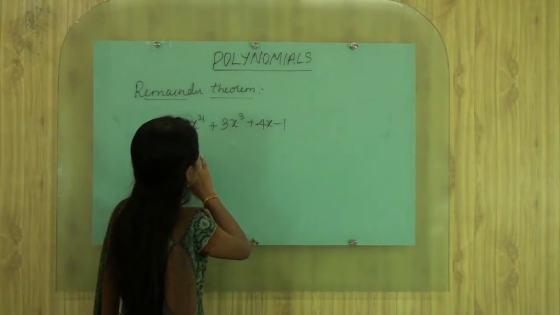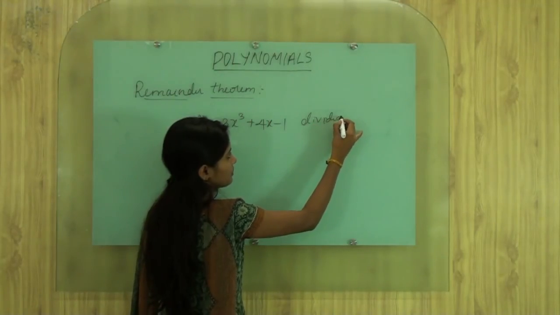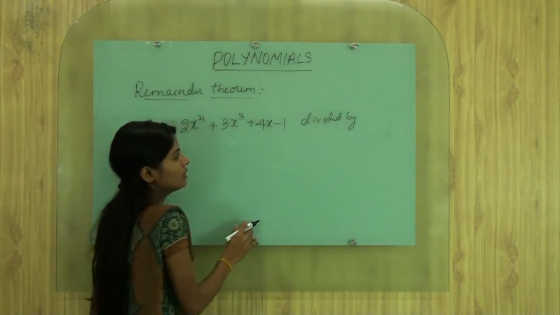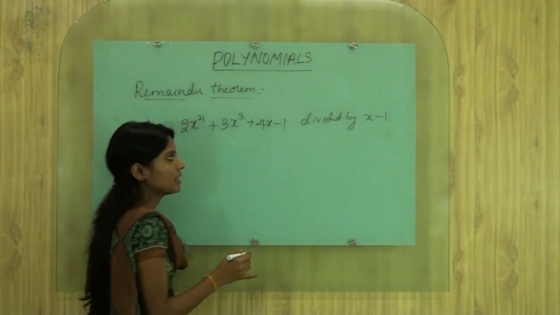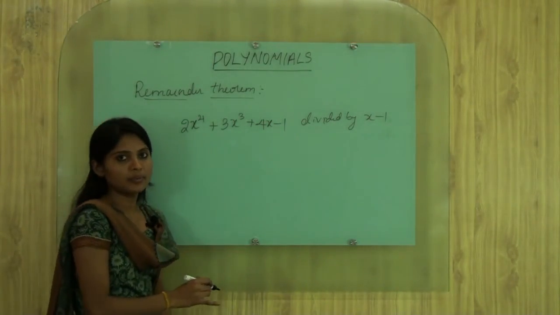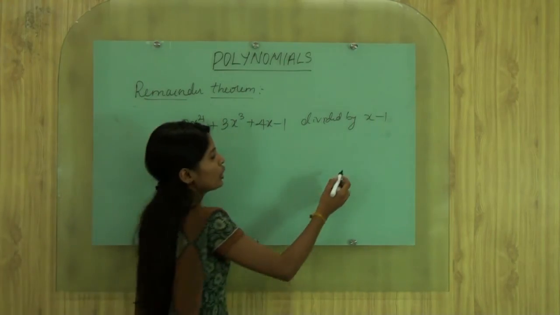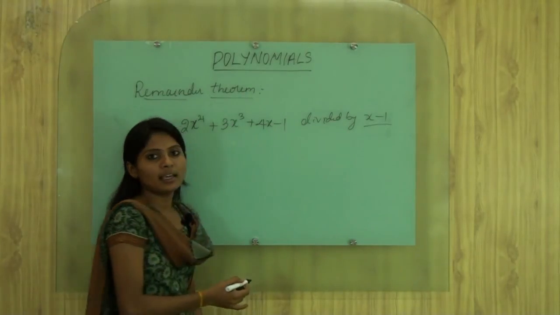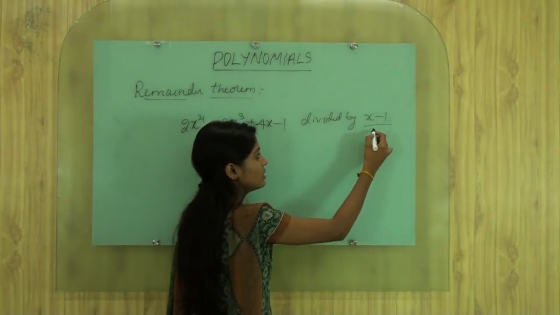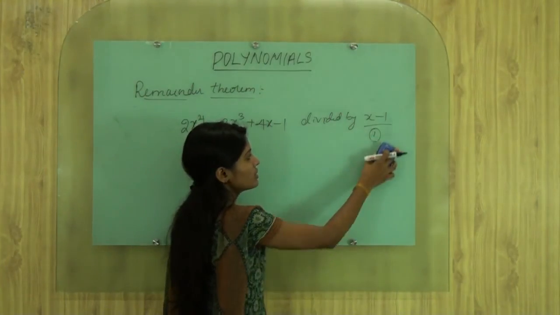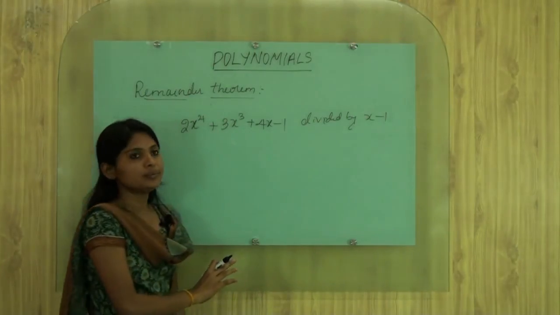When this polynomial is divided by x minus 1, then what is the remainder? Then you have to find the zero of the polynomial x minus a. What is the zero of the polynomial x minus 1? That is 1. 1 is the zero of the polynomial x minus 1.